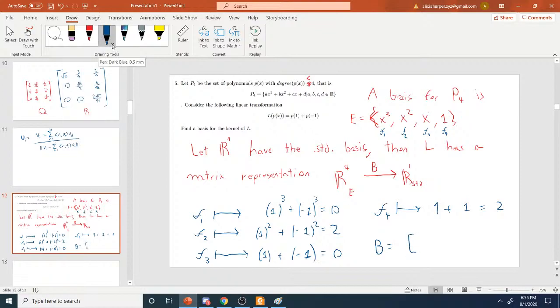So it's going to be a 1 by 4 matrix. The first entry here is 0. The second entry here is 2. The third entry here is 0. And the final entry is 2.